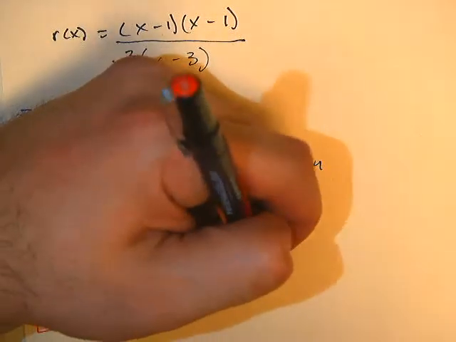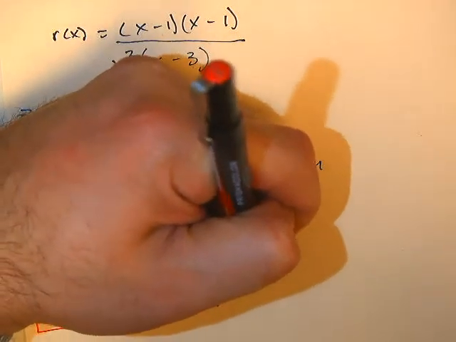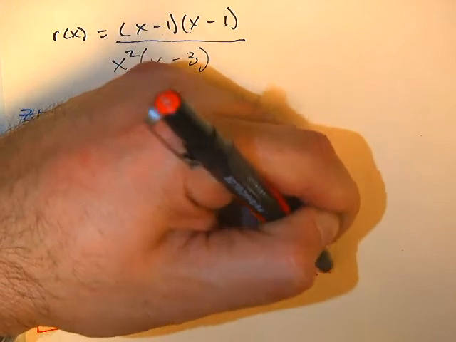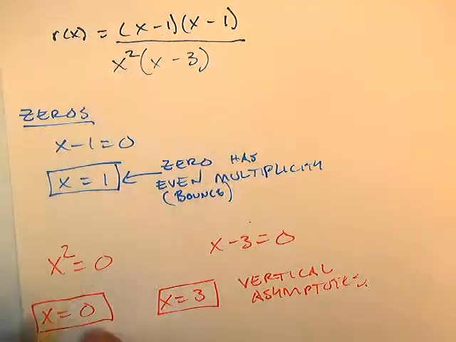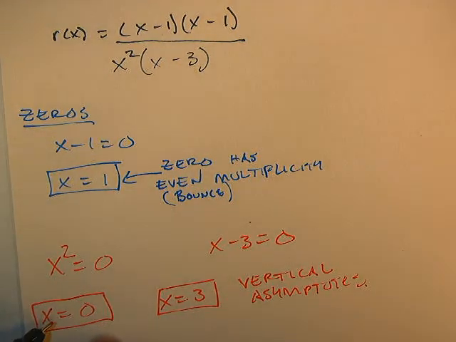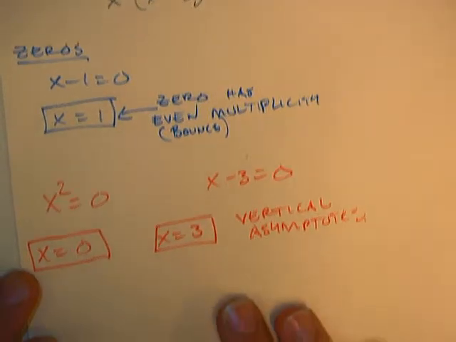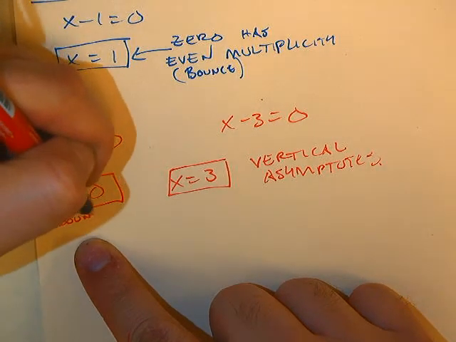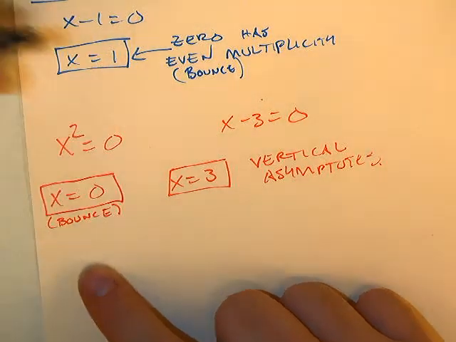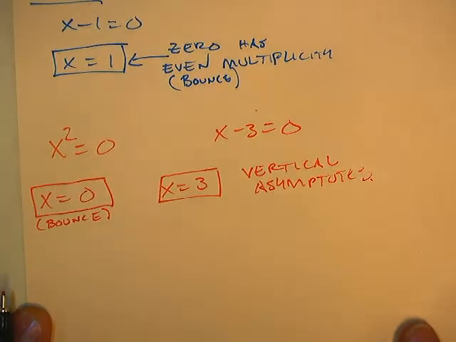And this is where my vertical asymptotes are going to be. So I know that I have multiplicity with this zero, with this asymptote over here, so I have to make a quick little note down at the bottom. Then I'm going to bounce because the multiplicity is even.